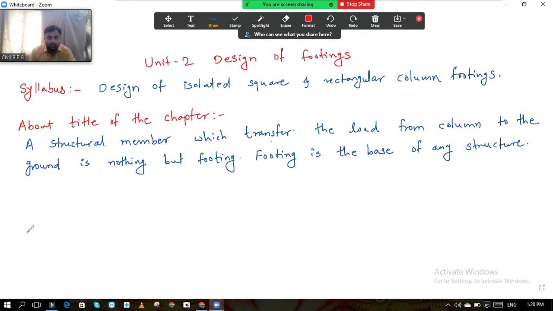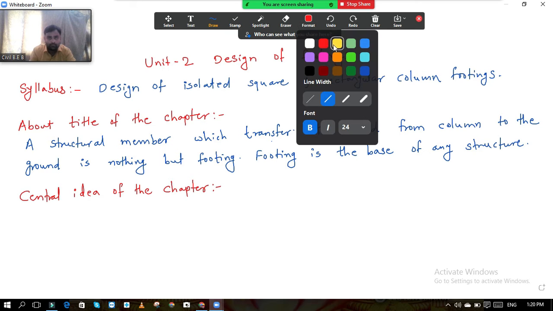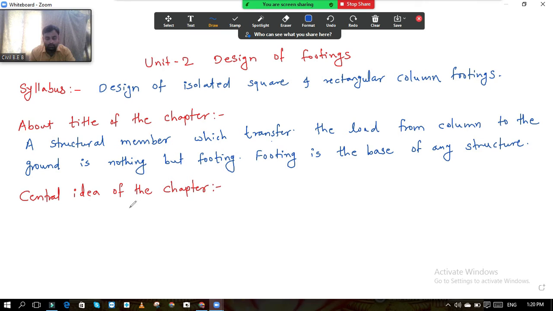Next is the central idea of the chapter. So what is the idea of this chapter?